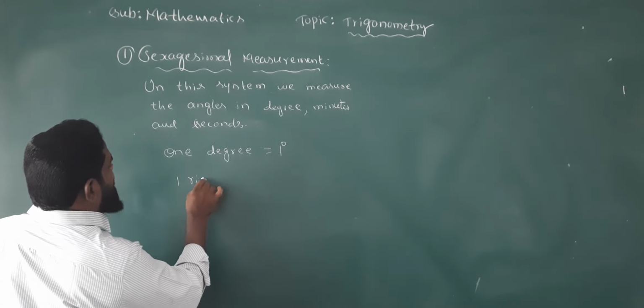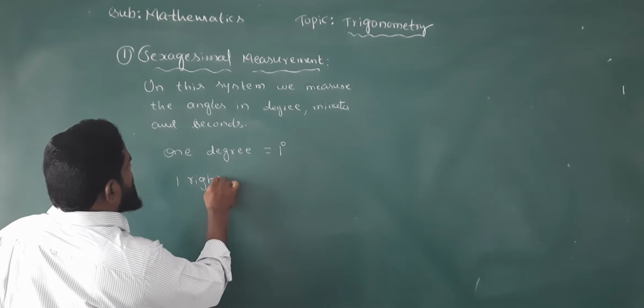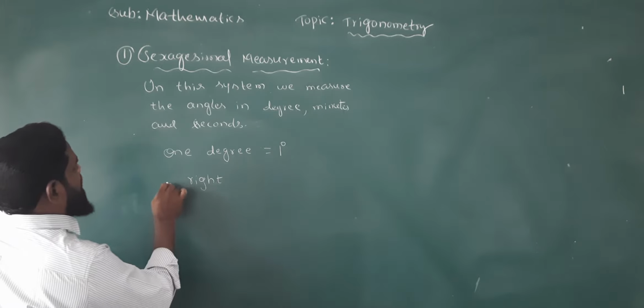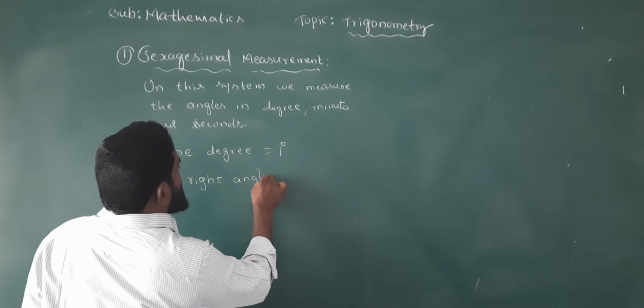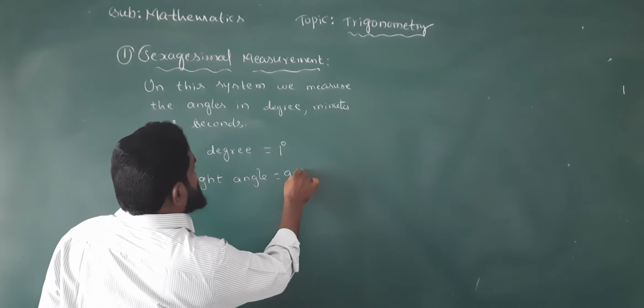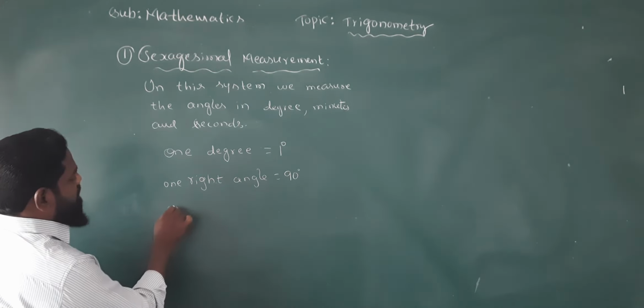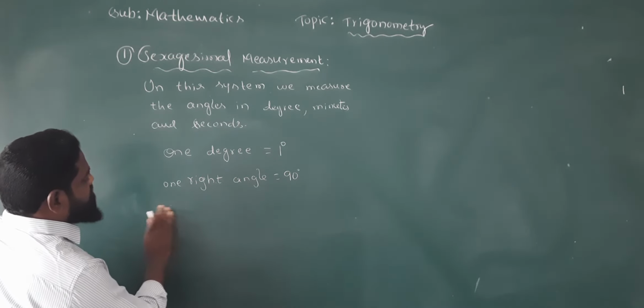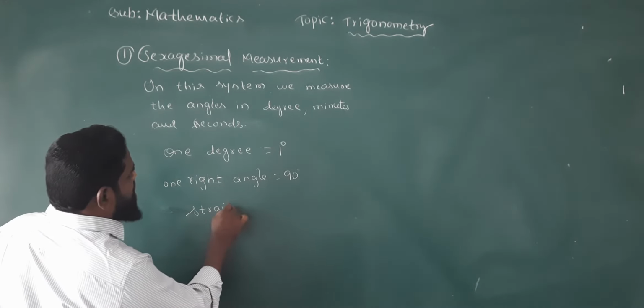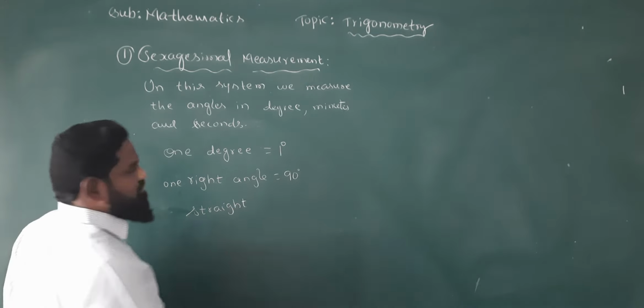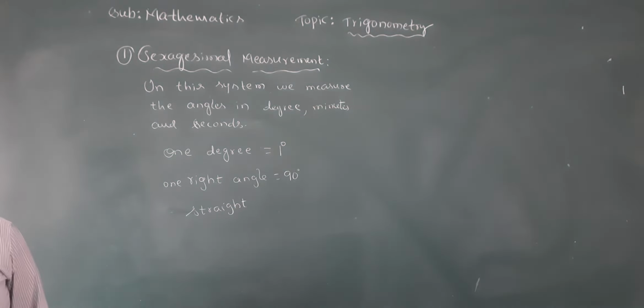One straight angle is defined as 180 degrees.